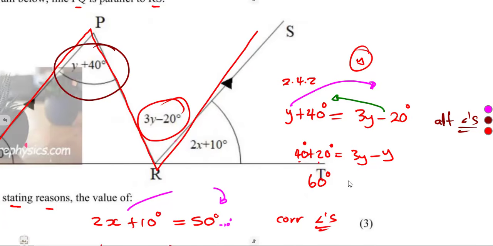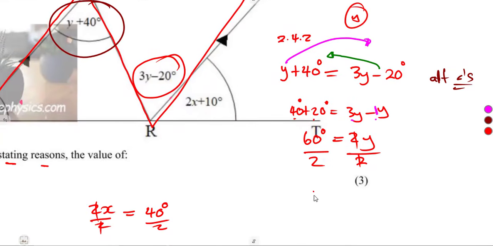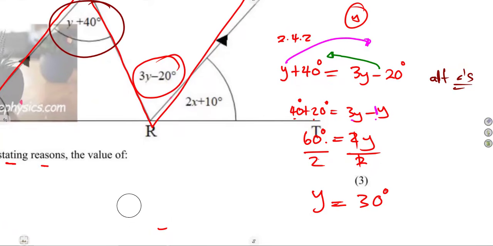That's 60 degrees. 3y minus y is 2y. So if 2y is equal to 60 degrees, what about the value of y? Divided by what? By 2. So our y value is equal to 60 divided by 2, that's 30 degrees. All right. So y is equal to 30 degrees. That is what we are given.